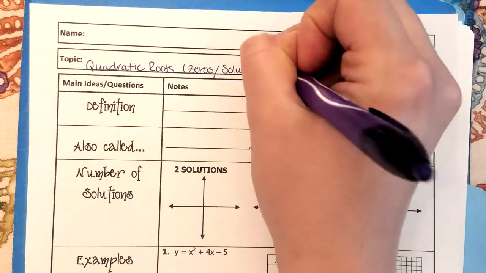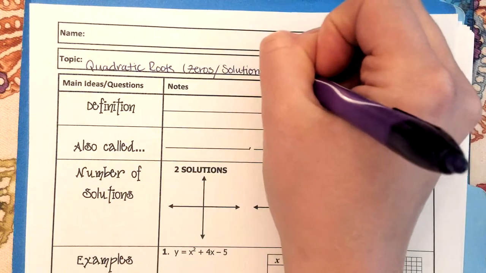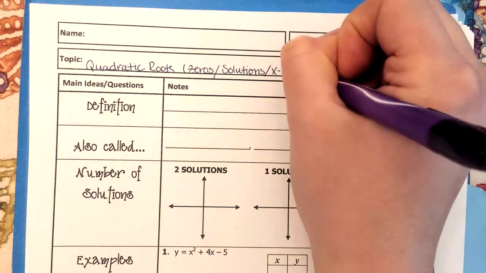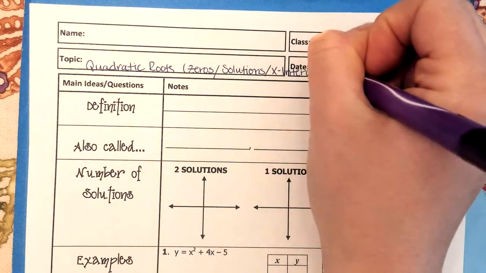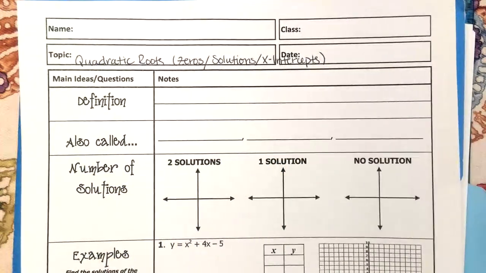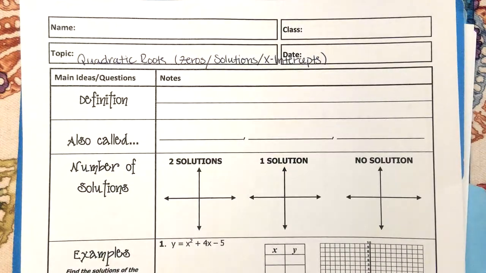or the x-intercepts. So I mentioned in the first instructional video when we were going over the vocabulary that went along with graphing quadratic functions, I said zeros, solutions, x-intercepts, and roots. These four words all get used interchangeably. They all mean the same thing.